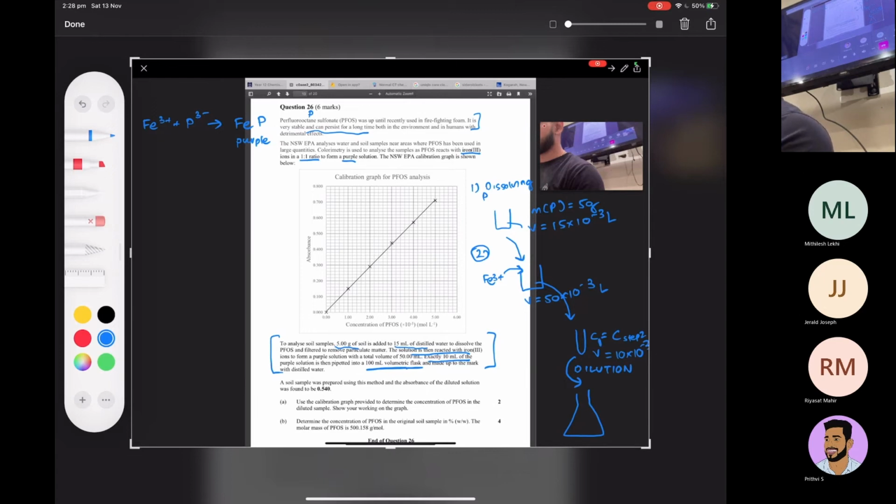Does everyone agree? So let's call this C1 again. This is C1. Now, what's the new concentration? C2. So do you agree, if the question is going to ask us what C1 is, we need to find C2, and then we need to apply dilution to find C1. C1V1 equals C2V2.